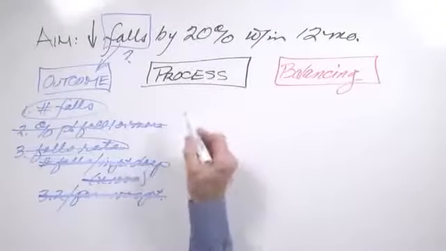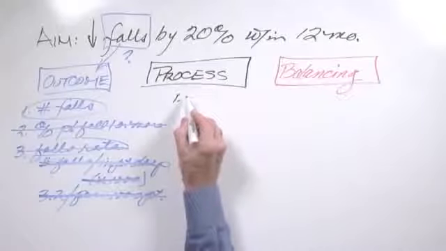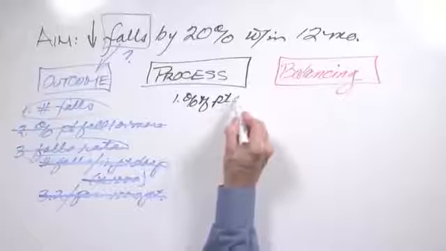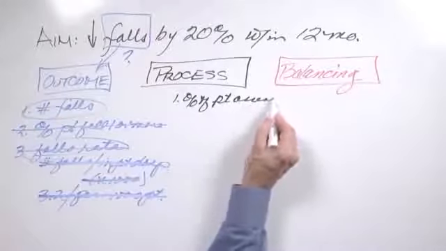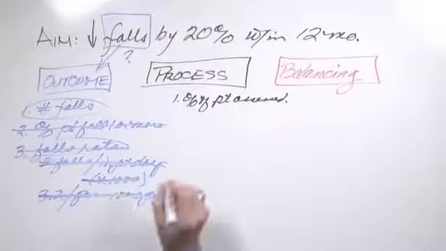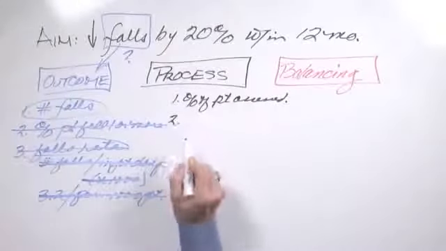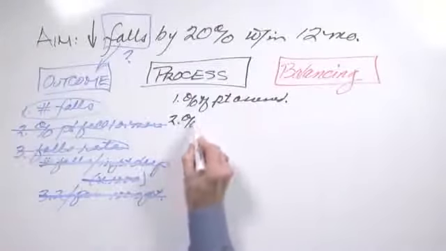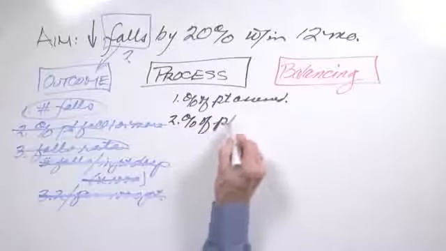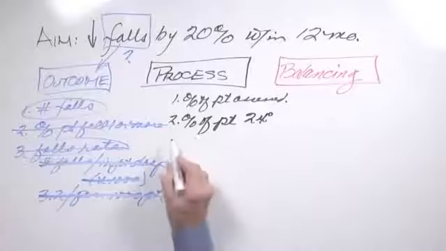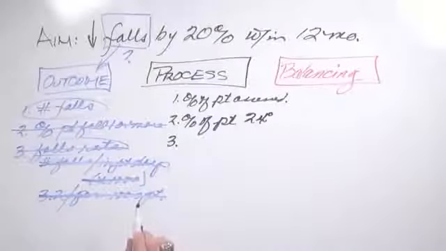There could be many process measures. One might be the percent of patients properly assessed at time of arrival and admission for falls. We have numerous falls assessment tools. Secondly, it could be the percent of patients reassessed within 24 hours, because patients should be reassessed regularly to find out if the falls potential changed.